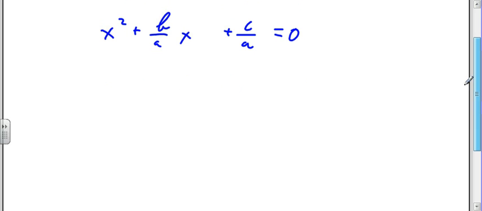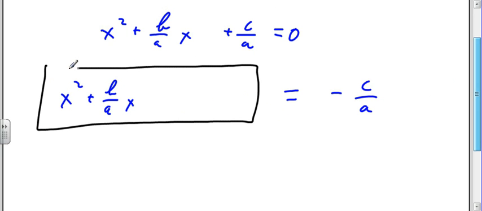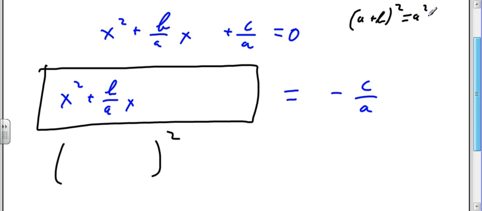I'll show how to get the quadratic formula again tomorrow. No, I won't. And then what I do is I write it x squared plus b over ax. I leave a space, and then I go is equal to minus c over a. I put that on the other side. Now, I want something so that when I get done, this term becomes something squared. I remember that if I had a plus b quantity squared, then that's going to be a squared plus 2ab plus b squared, right?